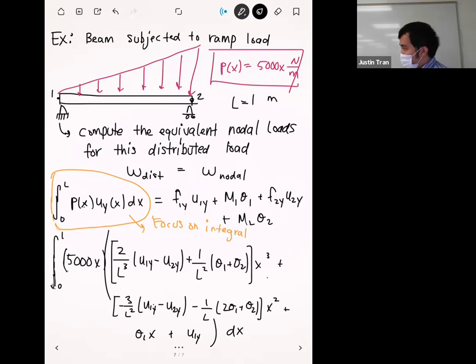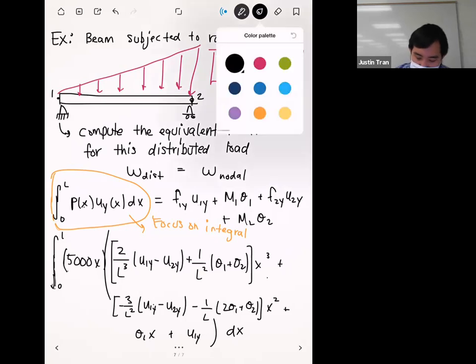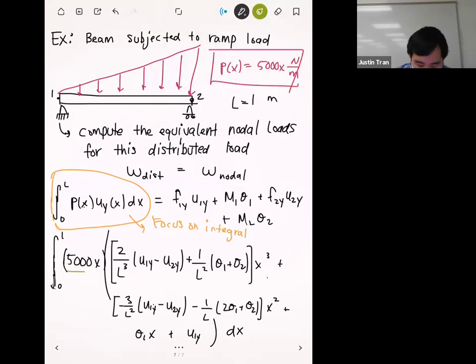And so the next step is we're going to evaluate this integral. I know it looks really scary. It's a lot of terms, but luckily a lot of them are purely constants. The 5,000 is obviously a constant, so we can pull that out of the integral. Everything in this expression, we're not integrating over, so that's also going to be a constant that we can just pass on.